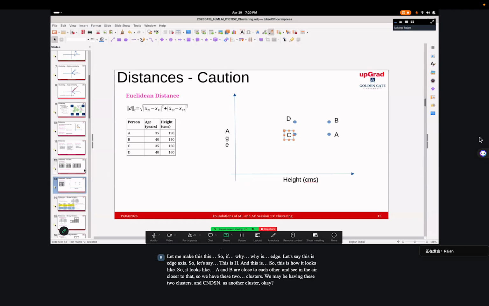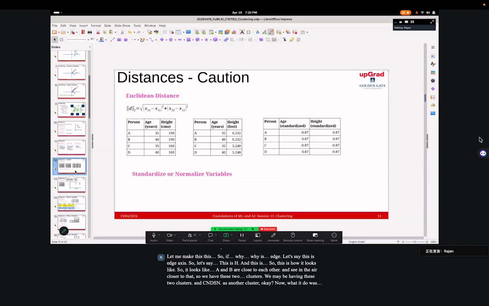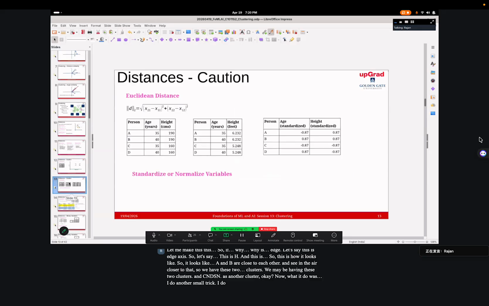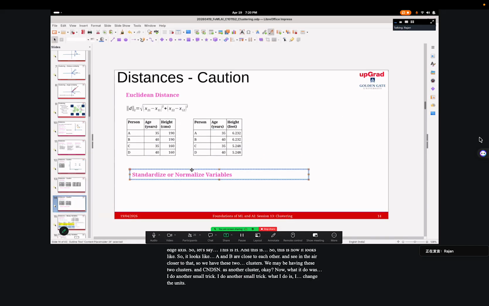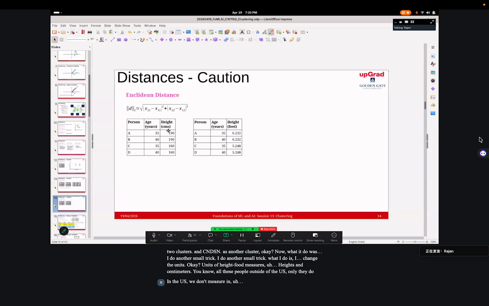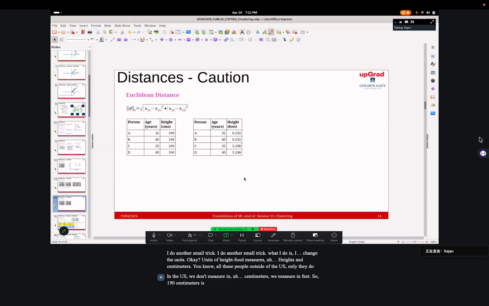Now I do another small trick: I change the units. Units of height. Who measures heights in centimeters? All these people outside of the US, only they do. In the US, we don't measure in centimeters, we measure in feet. So 190 centimeters is 6.232 feet.